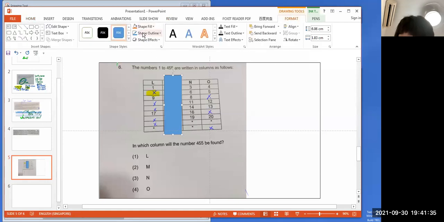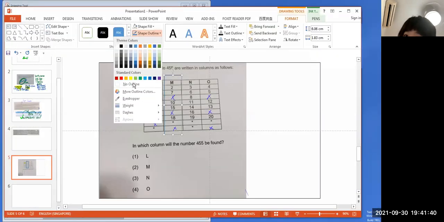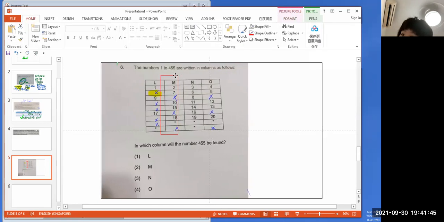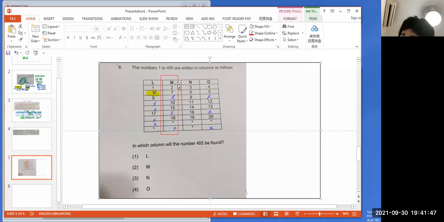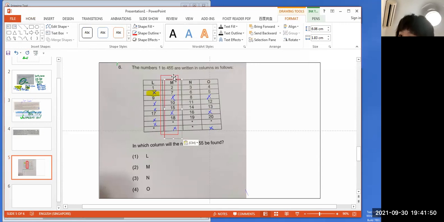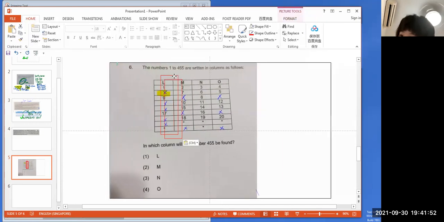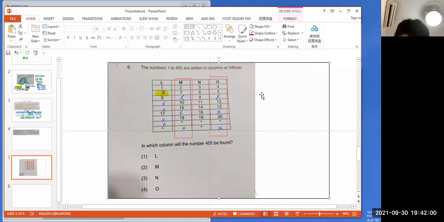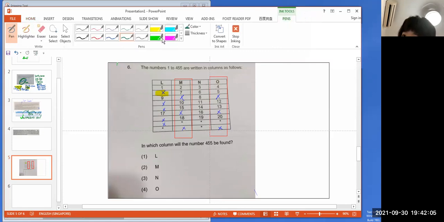This column. And this column. The empty space happens on the same row. Did you see that? Okay, that's number 1.